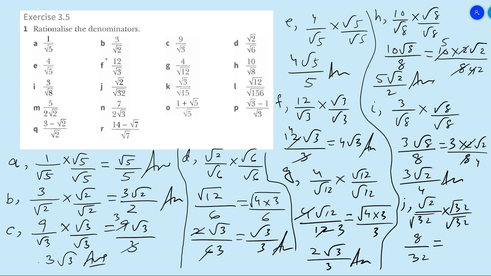Cancel this by 4. 4 2s are 8. 8 1s are 8. You can cancel. 8 4s are 32. So the final answer is 1 upon 4. This is part J, 1 upon 4. Now after part J, I will make some space in order to do remaining parts.